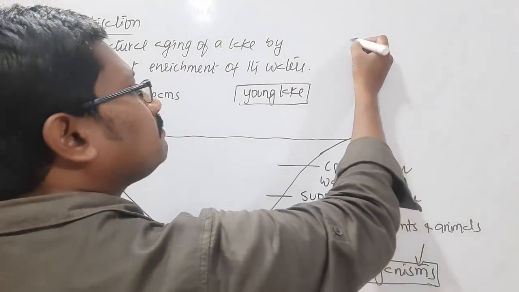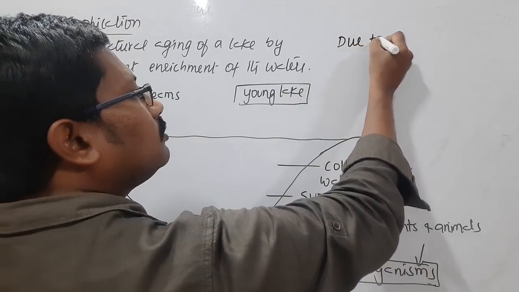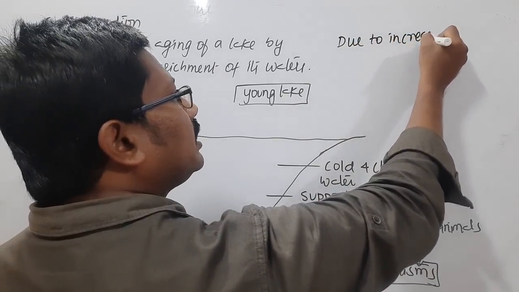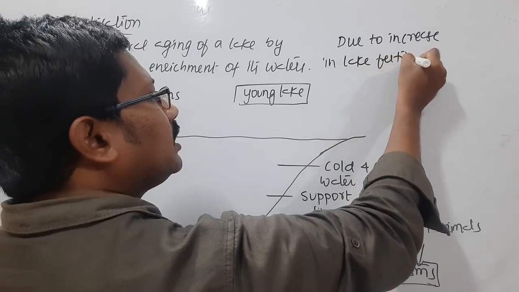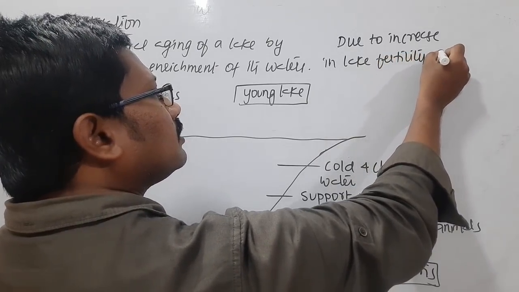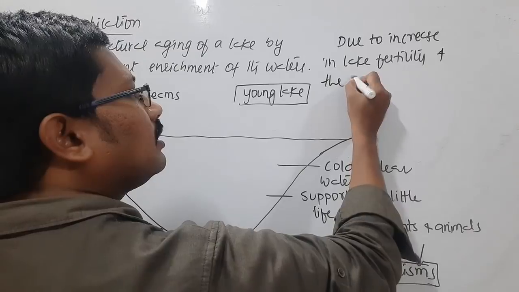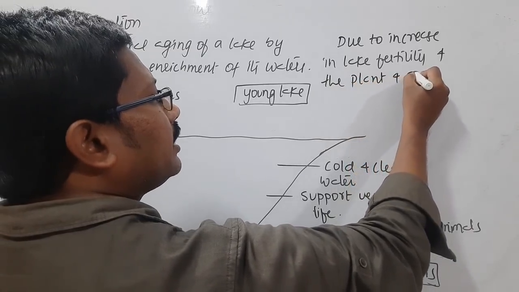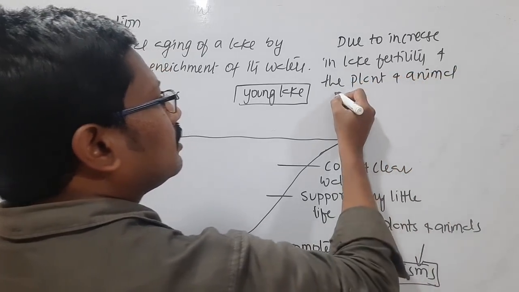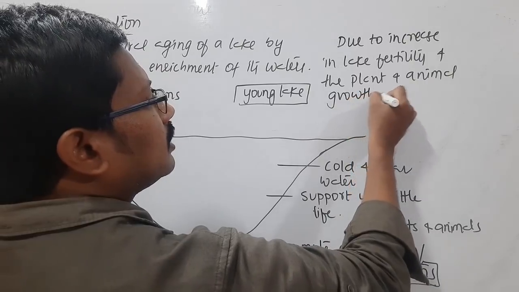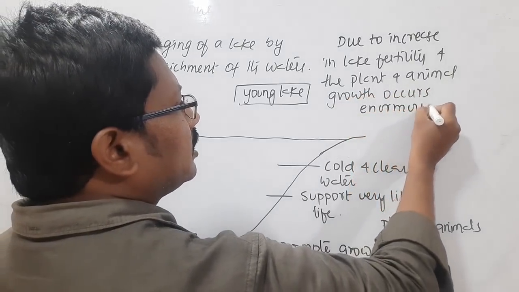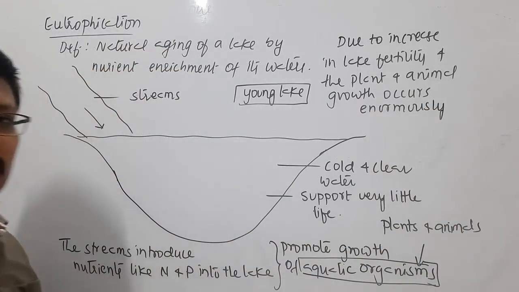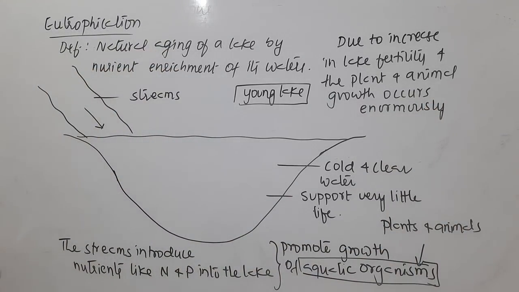I'll mention here, due to increase in lake fertility, the plant and animal growth occurs enormously. So their number increases enormously, right?